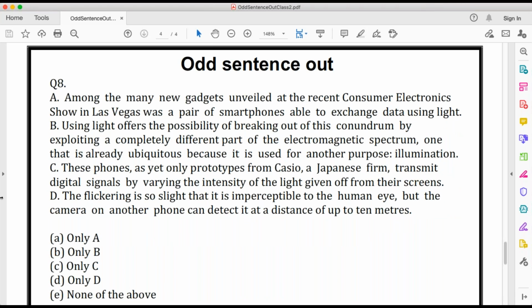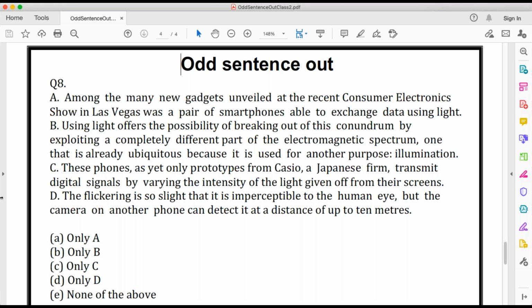Question number 8. Read it carefully. You all should get it correct.